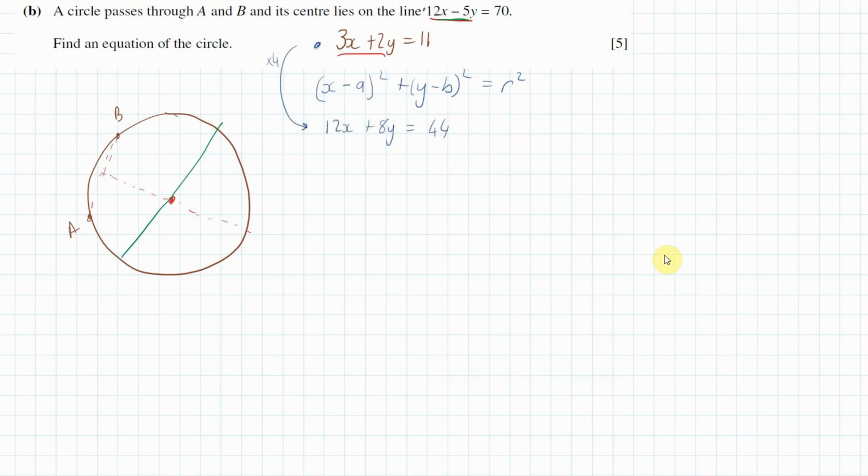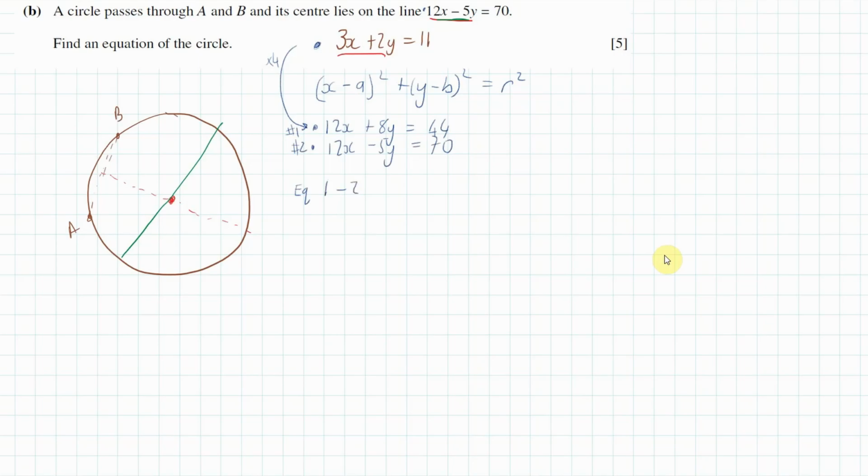And the other equation is 12x minus 5y is equal to 70. So I'm going to do 1 minus 2.